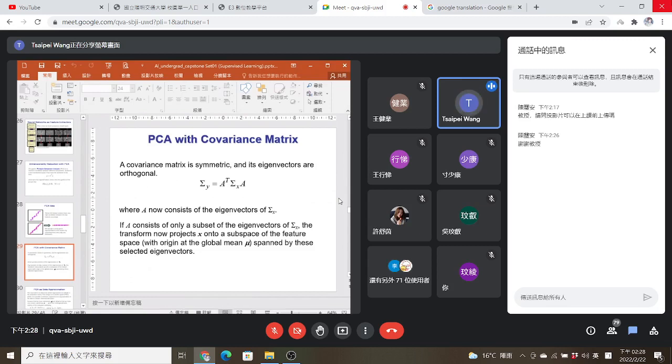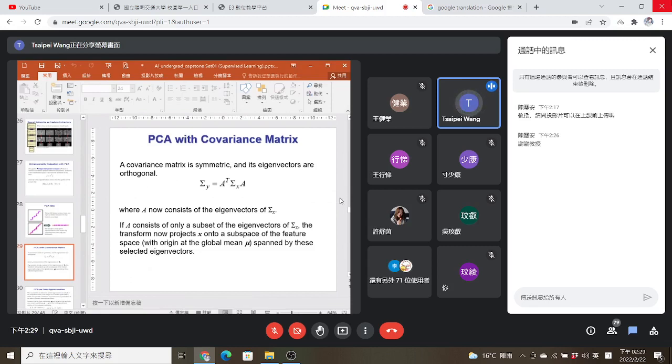It starts with the idea that the covariance matrix, the off-diagonal terms, represent the correlation between the features or the dimensions. So what we want to do is to diagonalize this covariance matrix.